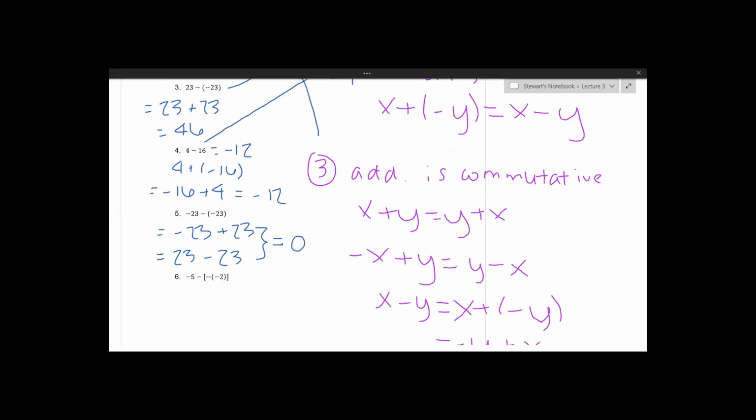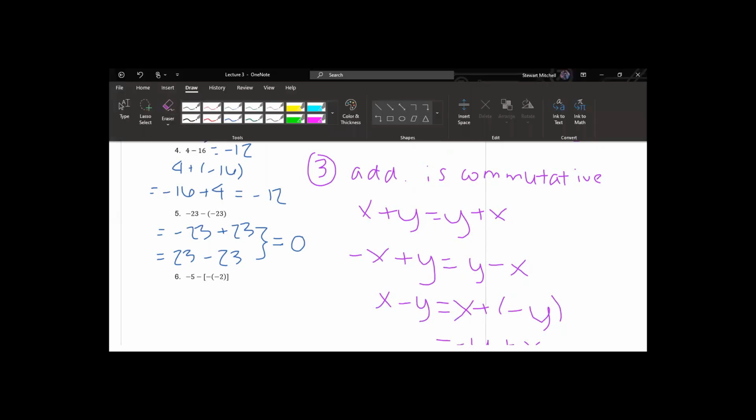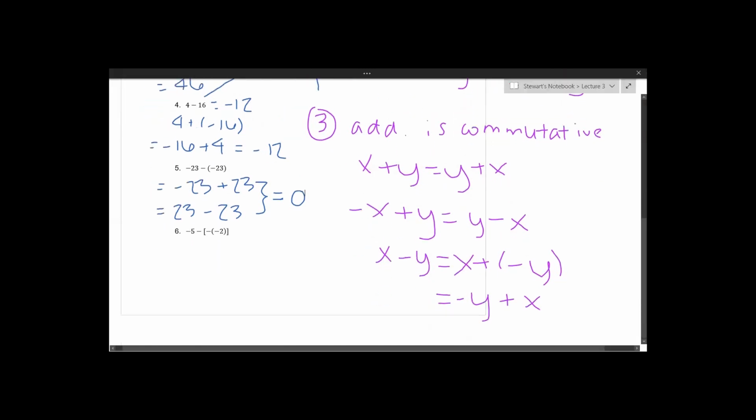Now, in number 6, they really want to trip you up because there's 3 in the middle, but it's the same type of idea.